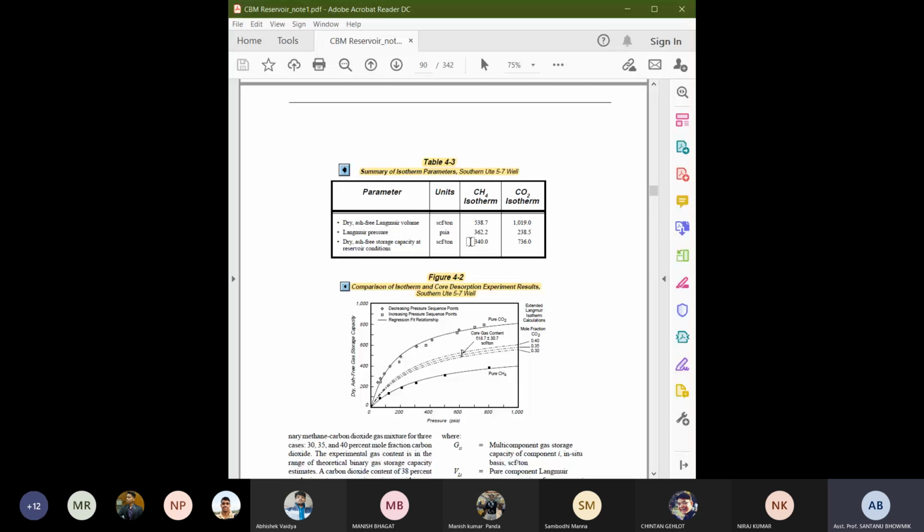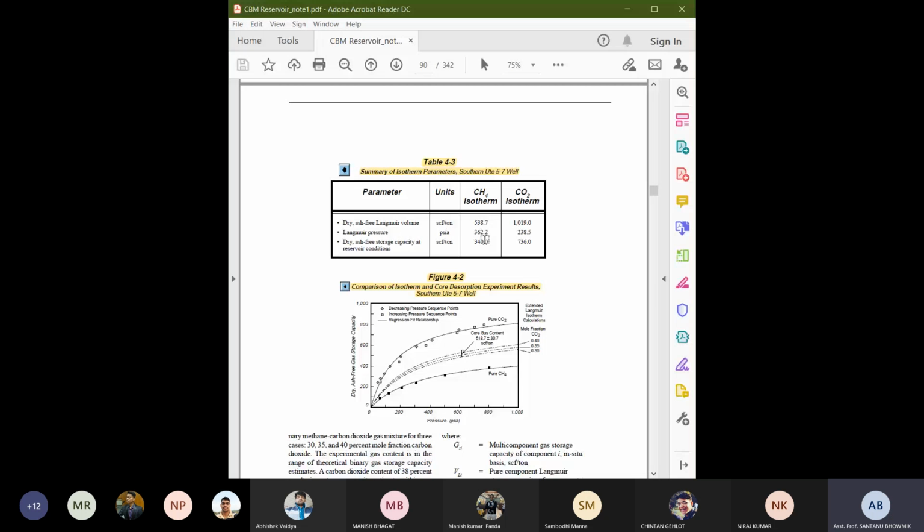But keep in mind that the Langmuir pressure is not twice, because it is the gas storage capacity that varies in that ratio, not the Langmuir pressure. The Langmuir pressure is related to 50% of the total Langmuir volume, and so the Langmuir pressure will never follow the 1:2:4 ratio.